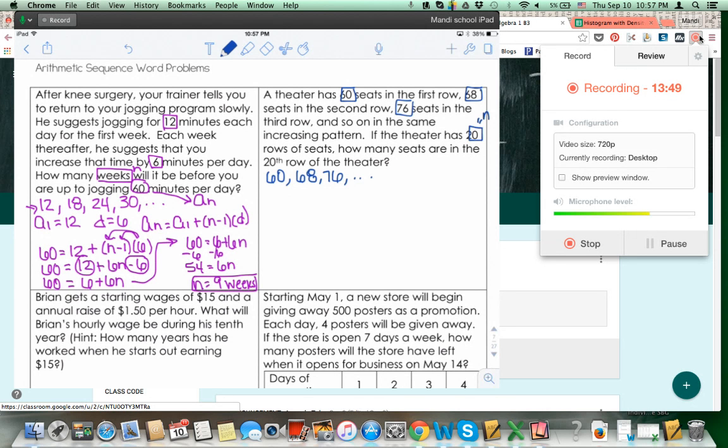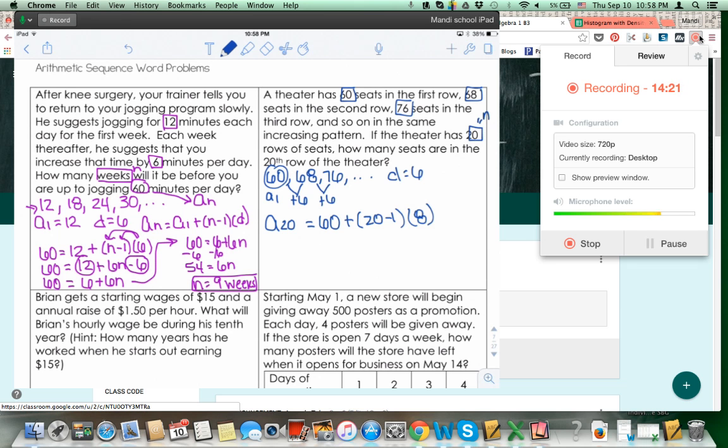So our initial value is 60. Our common difference is adding 6 seats each time. So the common difference is 6. We want to find a sub 20. So we substitute in the 20th row: our initial value is 60 plus 20 minus 1, that's n minus 1, times the common difference of 6.